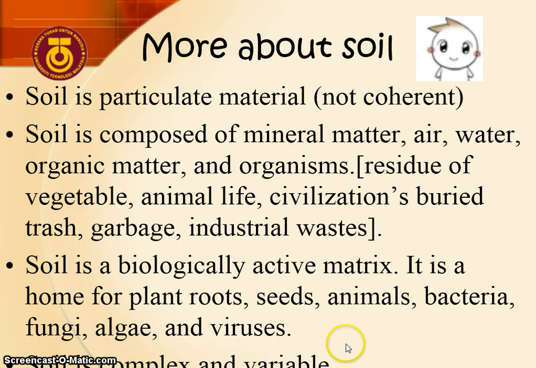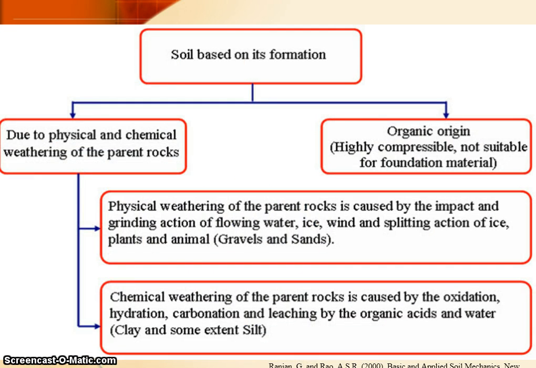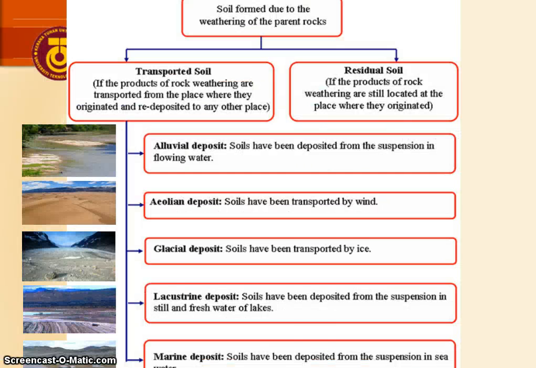I just want to recap again last week's teaching because in this way I would like to go to the soil basic properties, the soil composition. But before I go there, I would like to highlight that soil has two different types, which is transported soil, which originates from another site and is redeposited in another place.